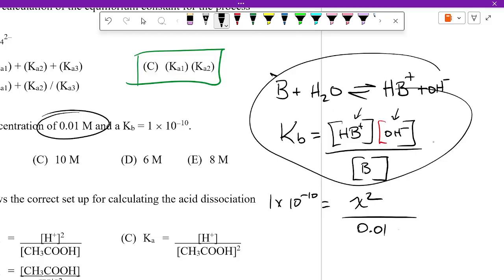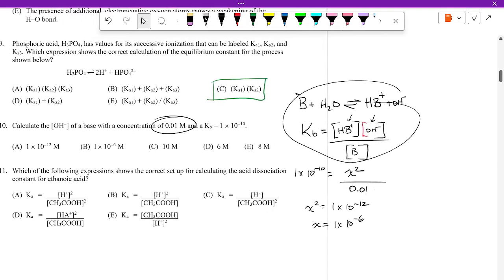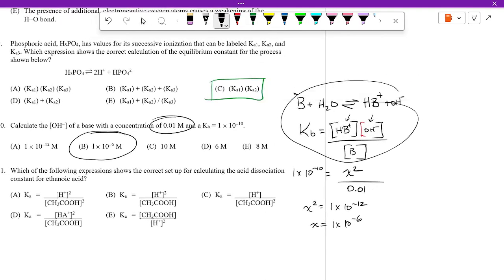So x squared would equal 1 times 10 to the negative 12, which means that x is 1 times 10 to the negative 6. And that's our answer, B. So that's how you would deal with a multiple choice question like that. You're just skipping all the fun stuff. Super fun.